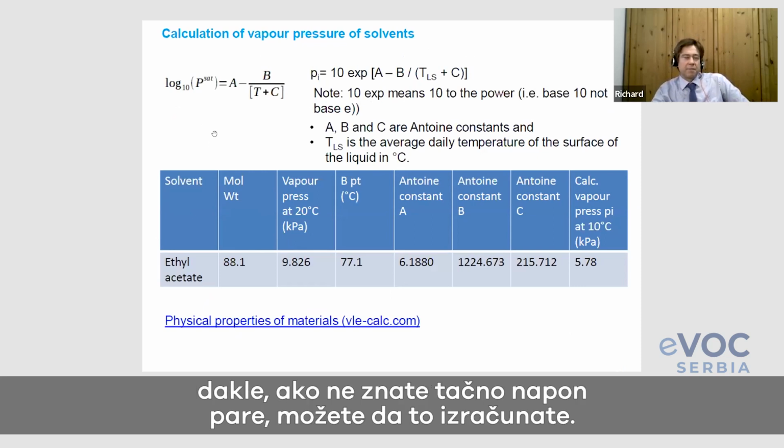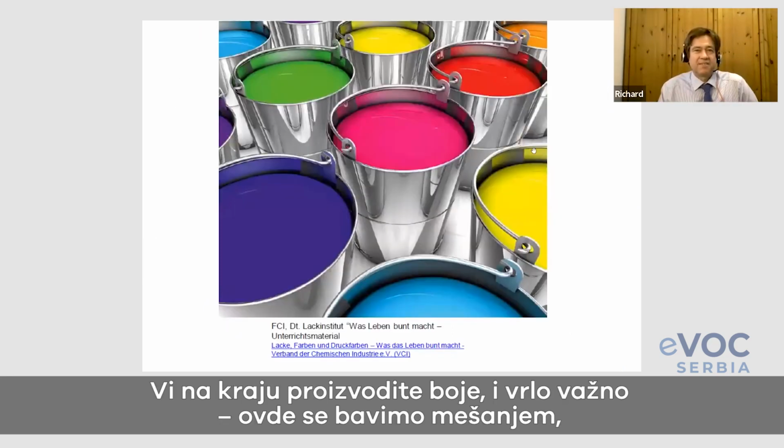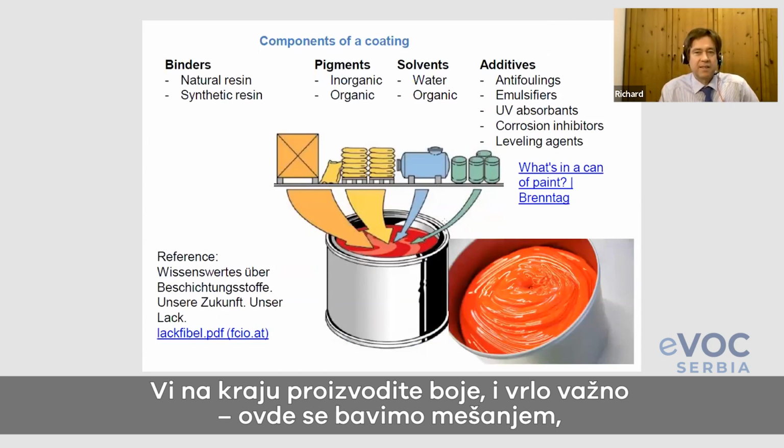So that is possible. In case you don't know exactly the vapor pressure, then maybe you can calculate it. But what we finally want to produce are the paints, and very important again, we deal with the mixing.